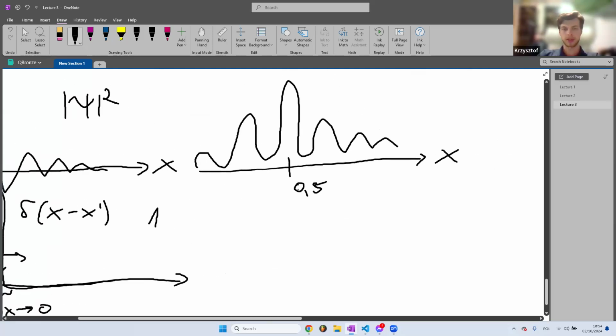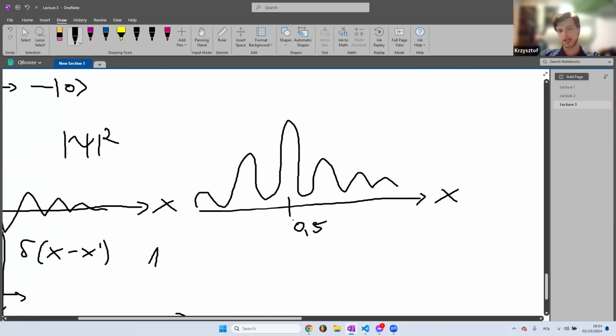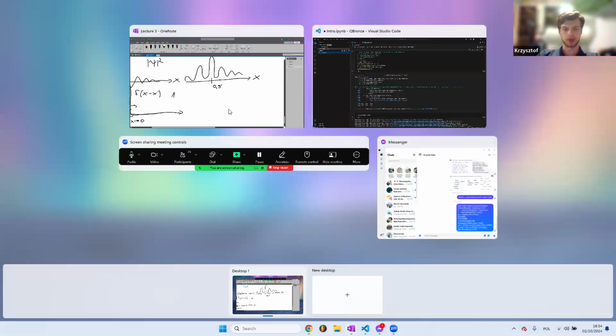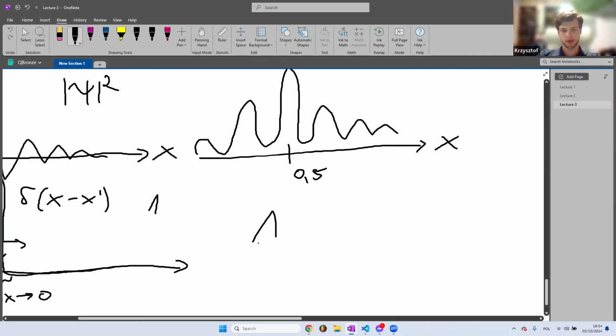After a measurement, you can say in which position you found your particle, and you also have to remember about the Heisenberg uncertainty principle.